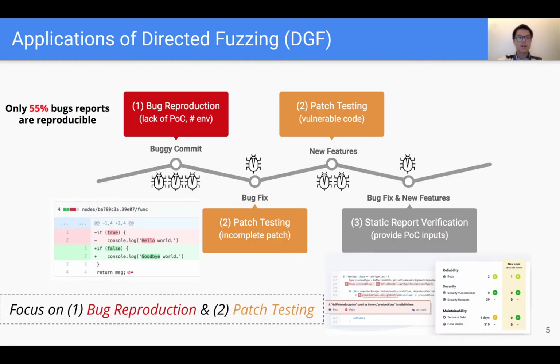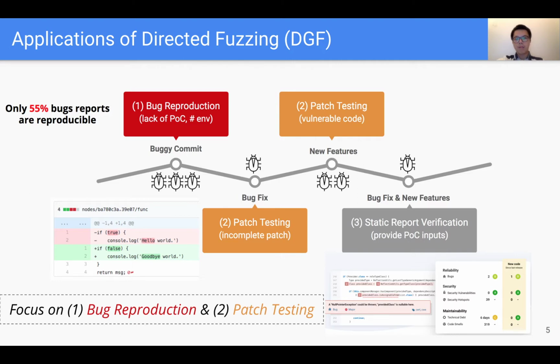There are several security applications of directed fuzzing. In this paper, we focus on two applications. First, bug reproduction, because only 55% of bug reports are reproducible due to the lack of a proof of concept input and the different environments. So in this case, the developer cannot reproduce bugs.